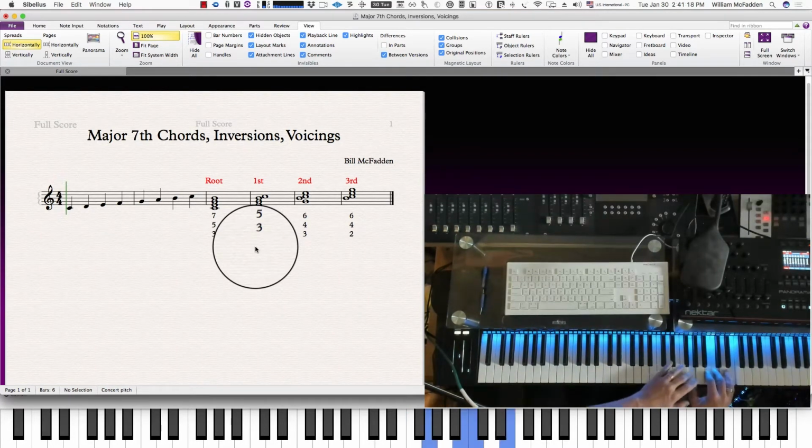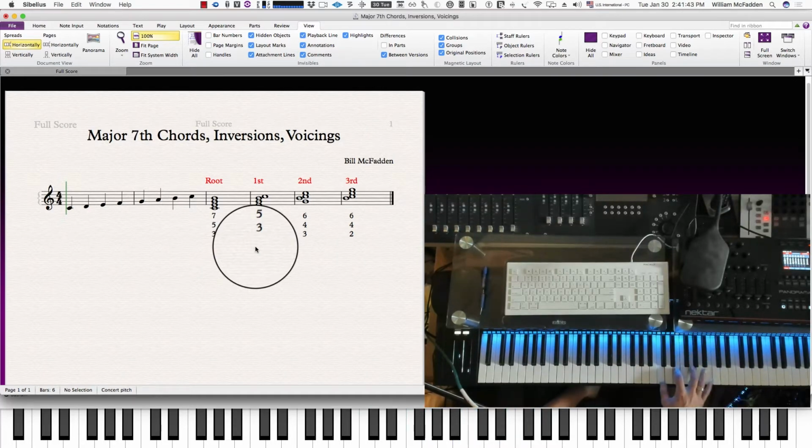And then we take the bottom note again, move it up an octave, and we have the third inversion. And it's good to practice working with the inversions as well. Just get a certain amount of fluidity in working with your different inversions.